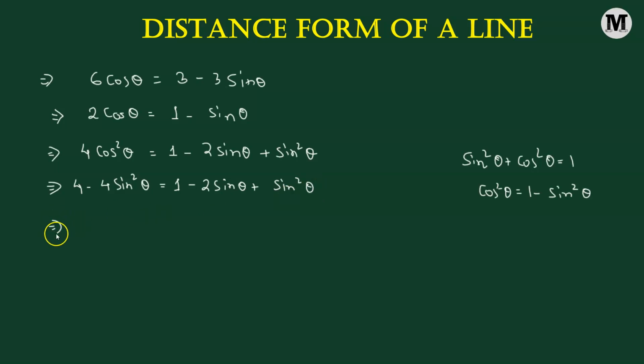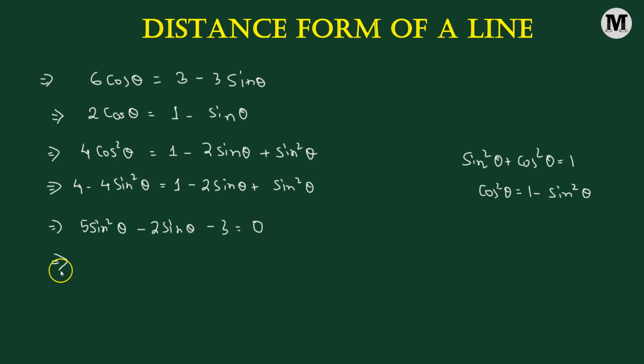Fine. So we're going to combine all the terms and write it on one side, and we get 5 times sine squared theta minus 2 times sine of the angle theta minus 3 equals 0.